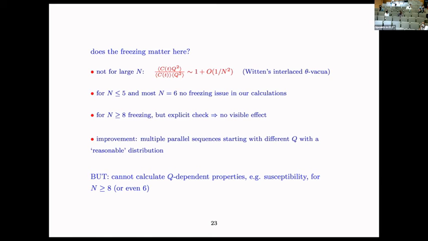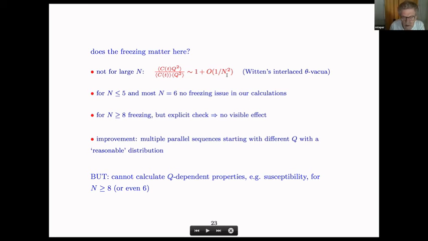So near theta equals 0, it's extremely flat as n becomes large. Extremely flat effectively means that if you look at the correlator of some glueball correlator with Q squared, the connected piece is order 1 over n squared. So it goes to 0.